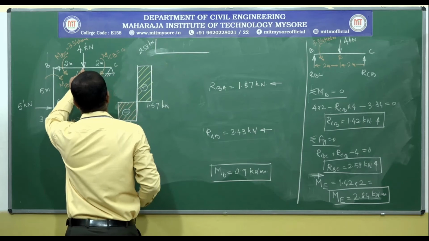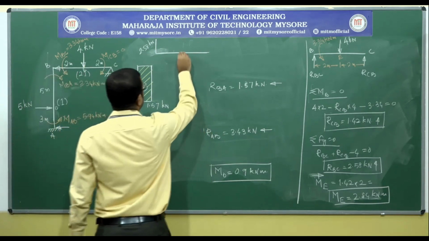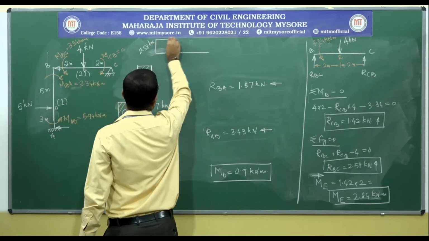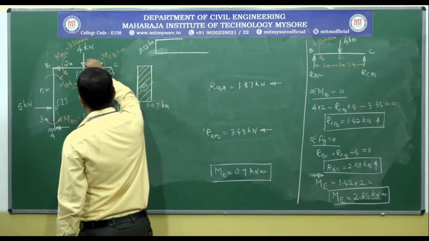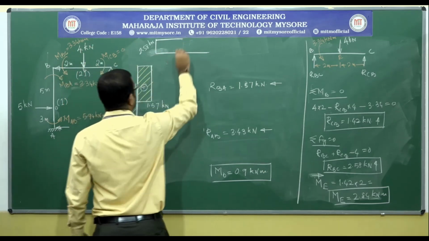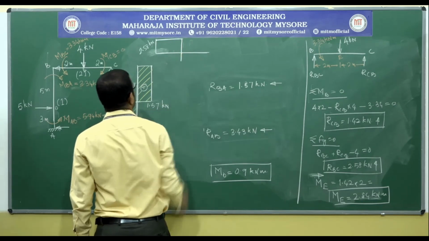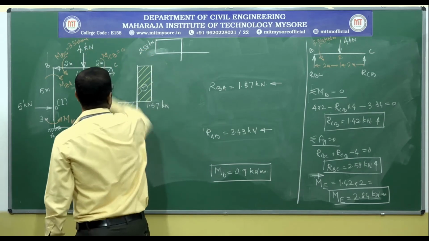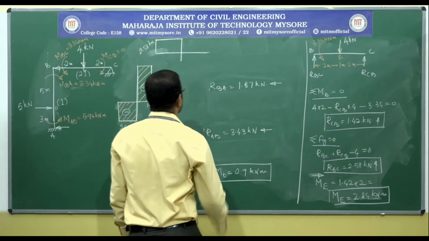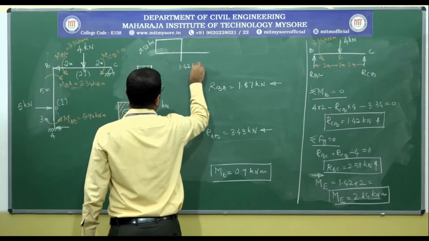After that, till E point, that is the concentrated load, we don't have any load, so the line will be straight. Then at E point the load is acting vertically downwards, so 2.58 minus 4 becomes minus 1.42. So this value is minus 1.42 kilonewton.